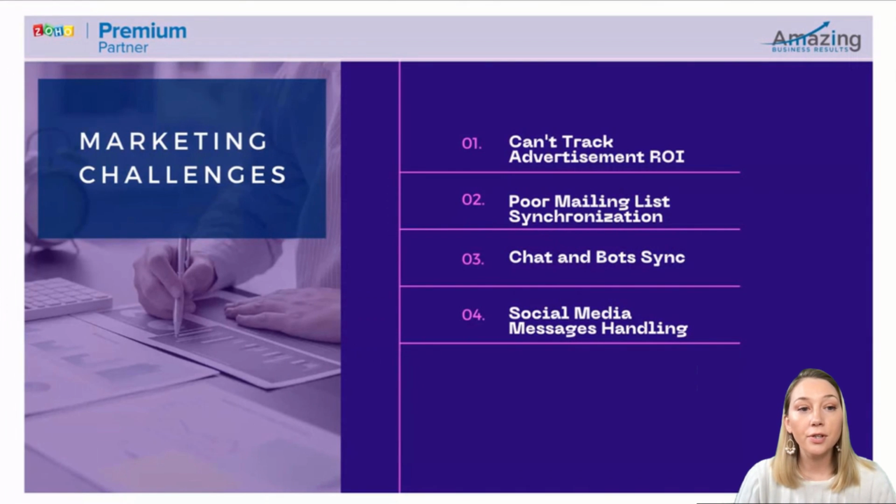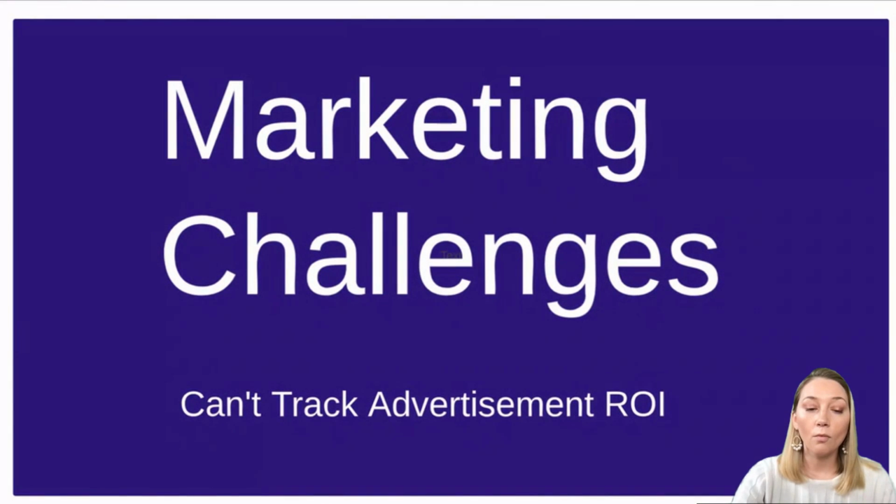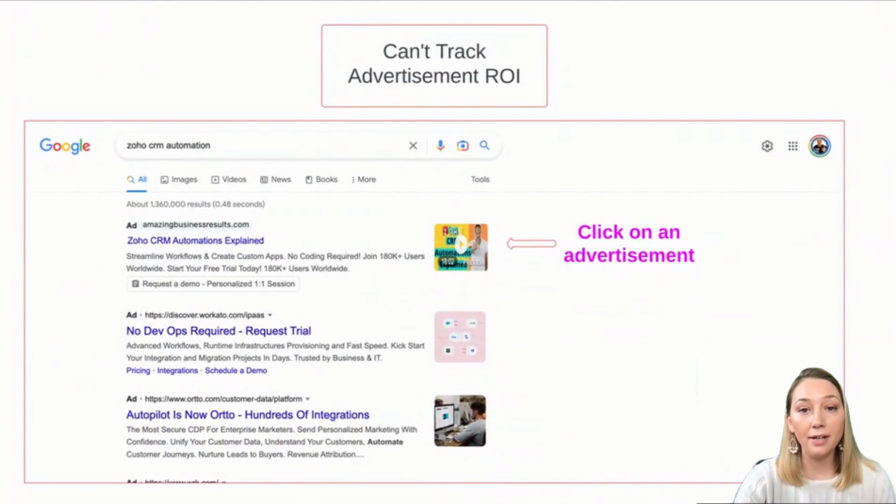So the first section we're going to talk about is marketing challenges. We're going to jump right in with tracking advertisement ROI, which is return on investment. So the problem that a lot of companies have is that they are not tracking ROI properly with their marketing efforts.